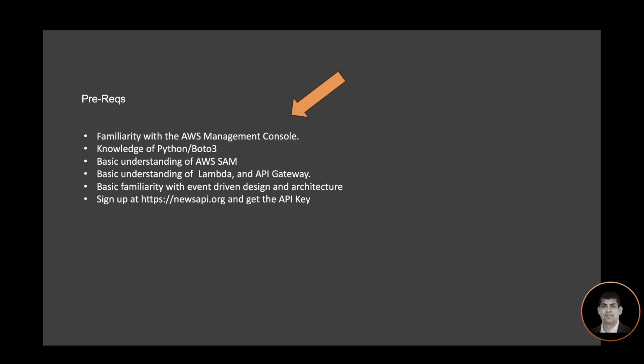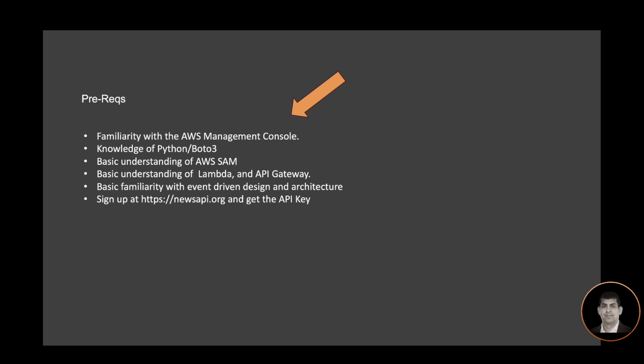For the prereq, you need to have familiarity with the AWS Management Console, the knowledge of Python and Boto3 since I'm using Python to build the function, basic understanding of AWS SAM, that is the Serverless Application Model used for the IaC approach, basic understanding of Lambda and API Gateway, and then basic familiarity with event-driven design and architecture.